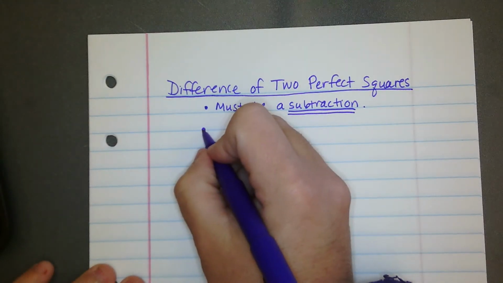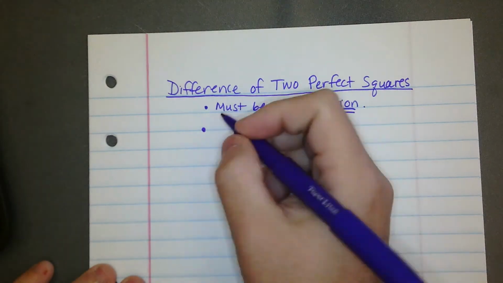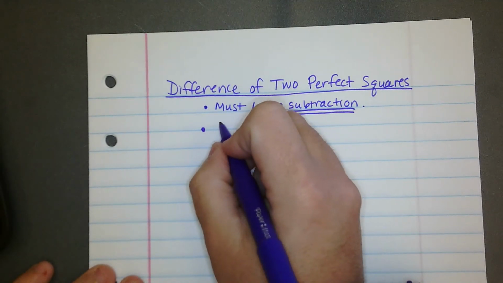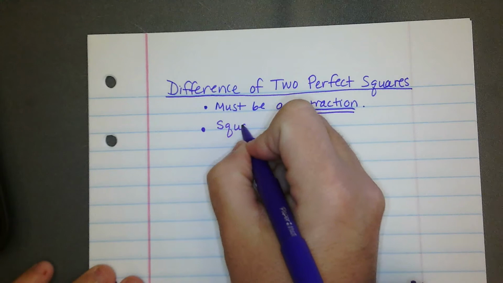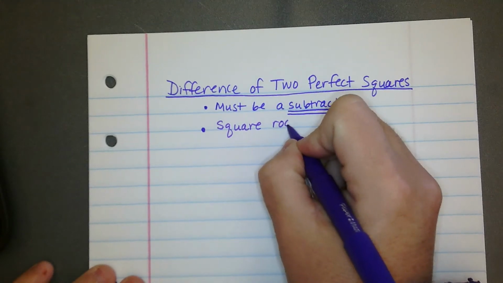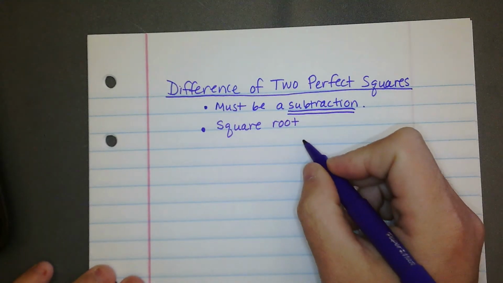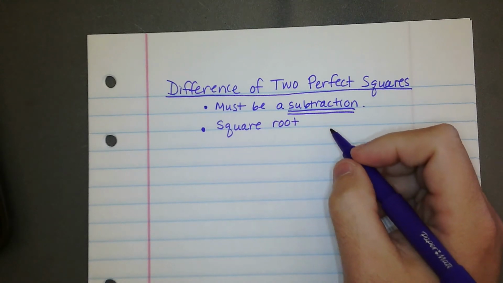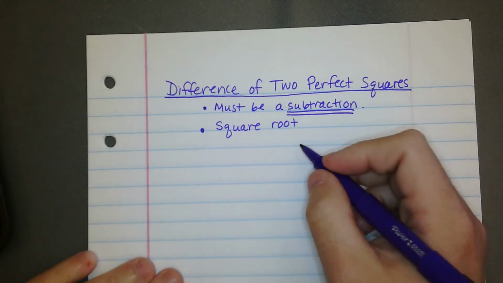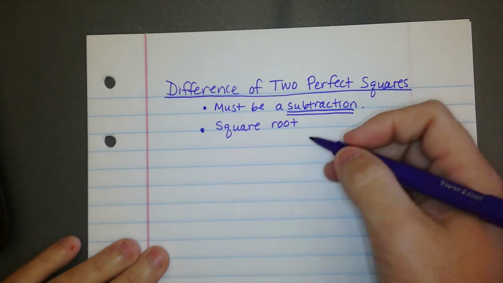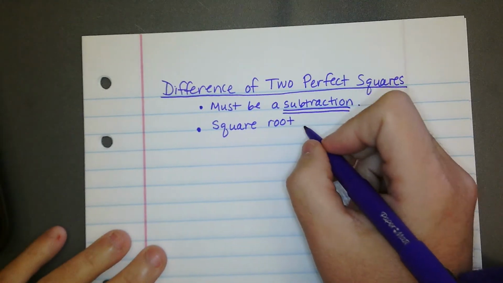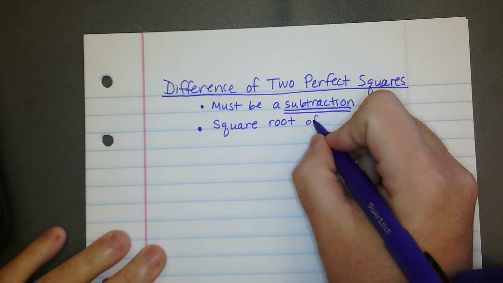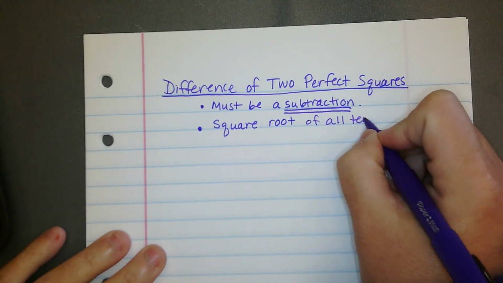The second piece that you're looking for is that you have to be able to take the square root of all terms, and they have to come out clean. So like 25 and 36, 100, 144, 400, you have to be able to take the square roots of all the terms in the problem.